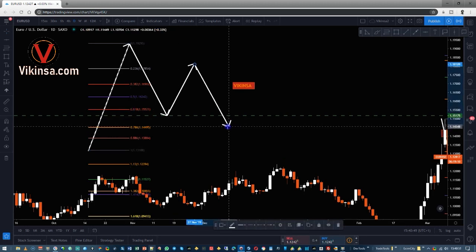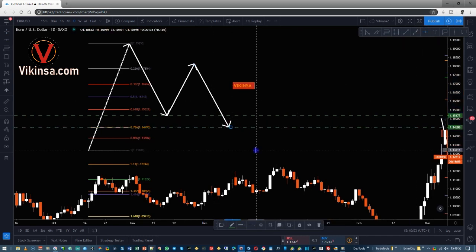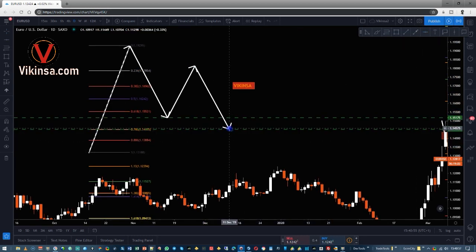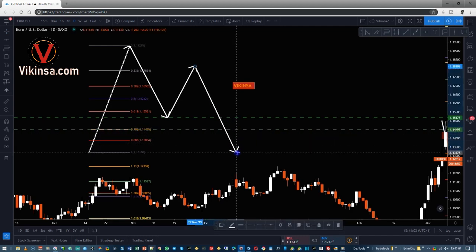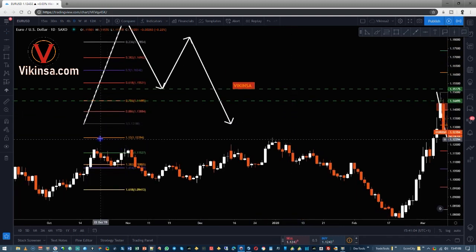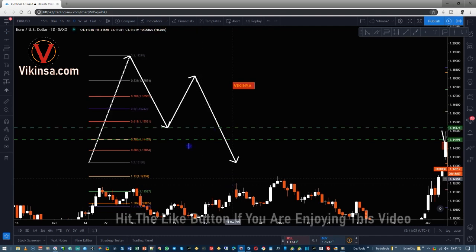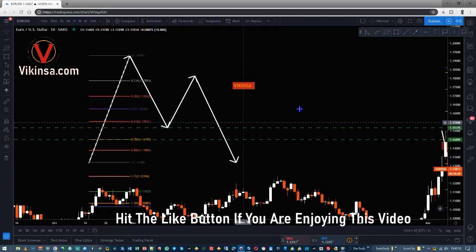You should be looking to take profits at 78.6. If that is broken also, then you can extend your profit targets to the next level, which is 88.6, and you can keep on going. You can keep on traversing your Fibonacci levels like this, and you can maximize your profit targets. So that's one way of doing this.